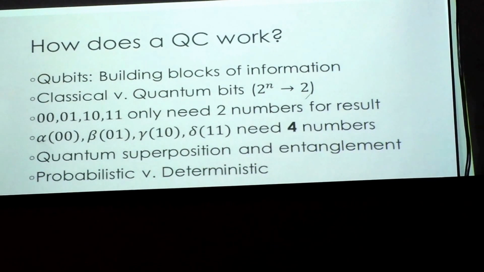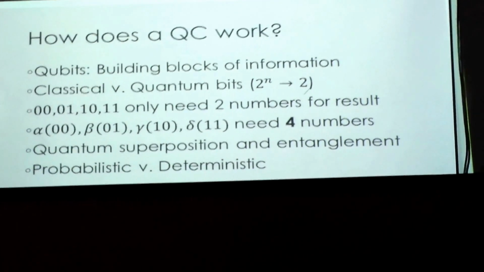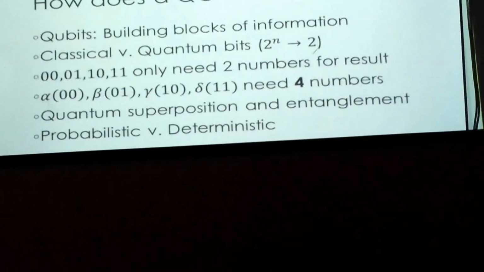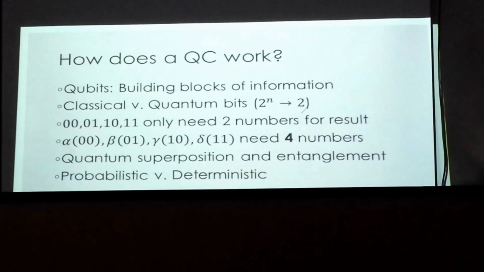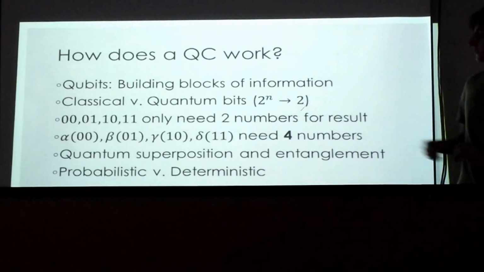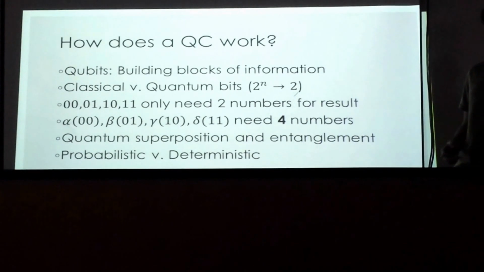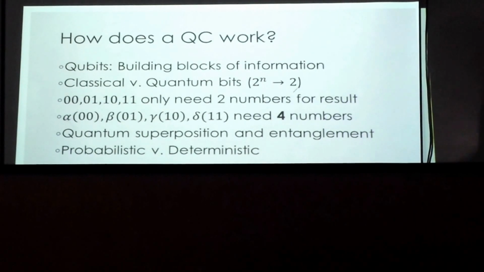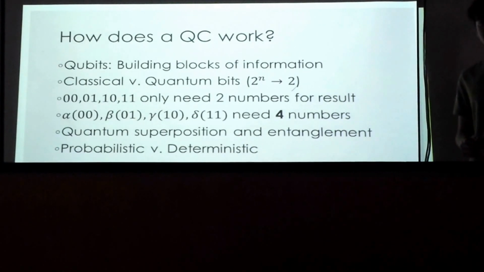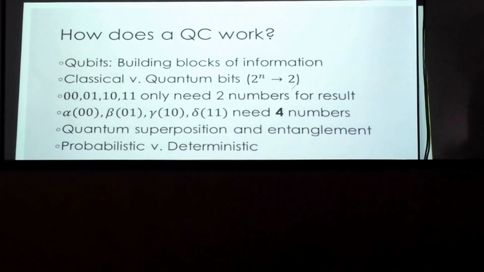So you have 0, 0, 1, 1, etc. To determine what state you're in, you need 2 numbers. But when we transition to quantum bits, you have 0 0, 0 1, 1 0, 1 1. You would need to know 4 different numbers to classify the state. And this is only for 2 qubits.